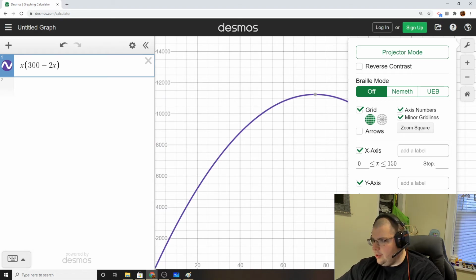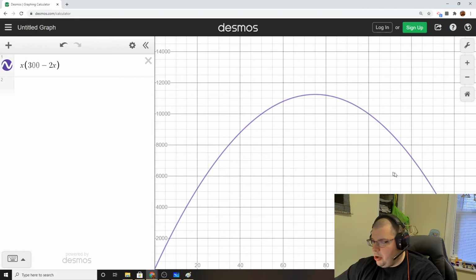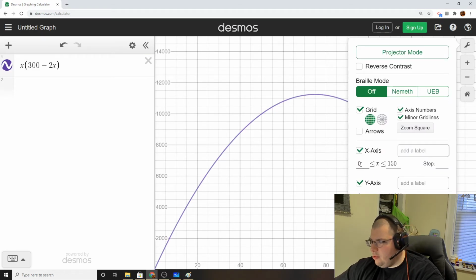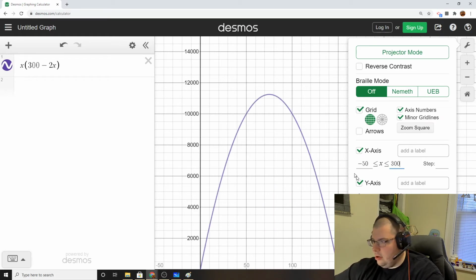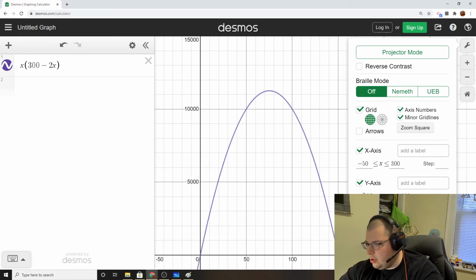There it is. So this purple curve, actually, should I zoom out even more? You guys are probably like, what is this guy doing? Let's go negative 50 to 300, and then we'll go negative 1,000.